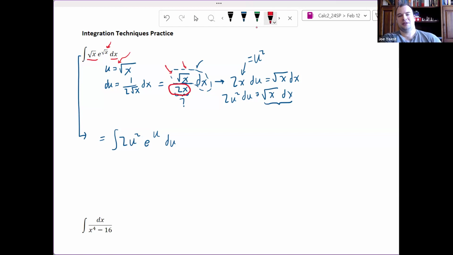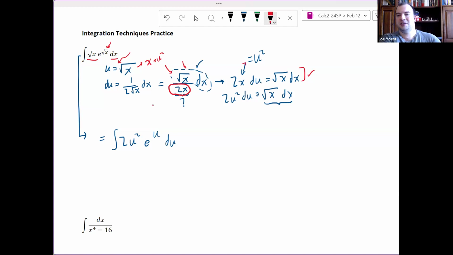Well, I realize that x can be written in terms of u as x equals u squared. Or if I multiply that 2x to the other side, I can do this as an intermediate step. I don't want to plug this back into the integrand as 2x du. That would kind of be bad form.